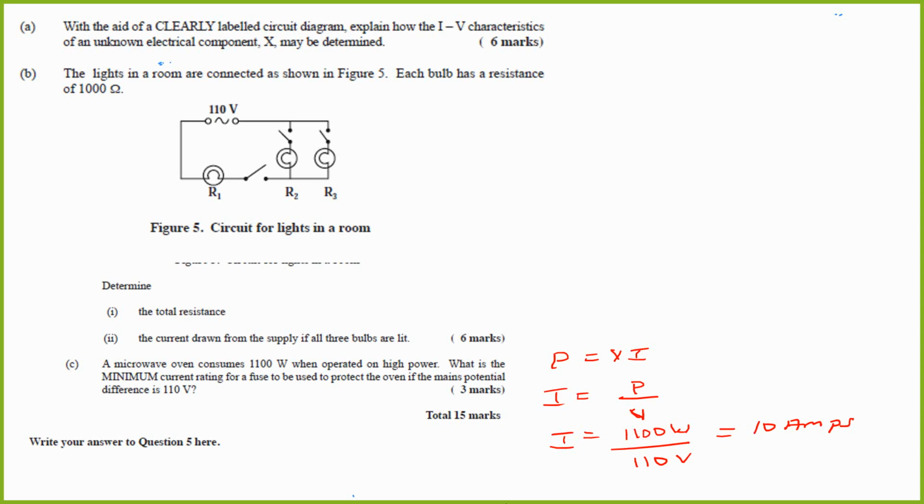So yeah, I believe this will be the answer here. It can be a little tricky thing to understand sometimes, right? If the fuse is rated at 10 amps, then that is the current that would basically break the fuse.